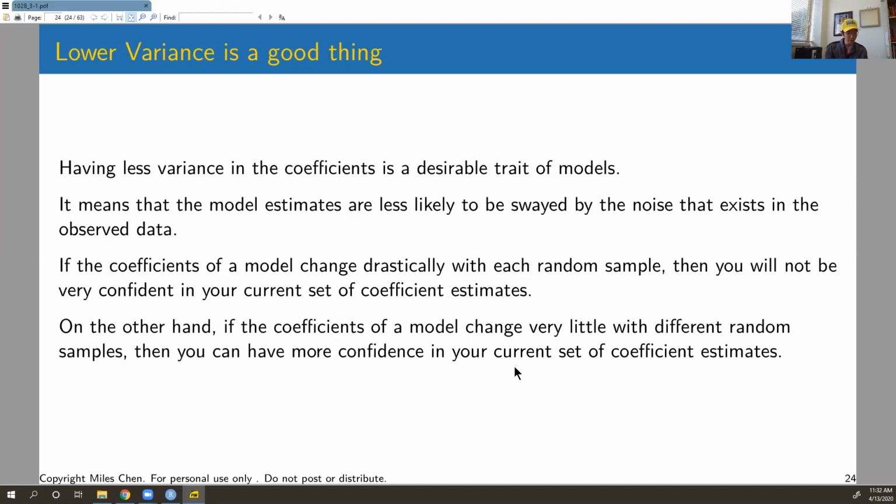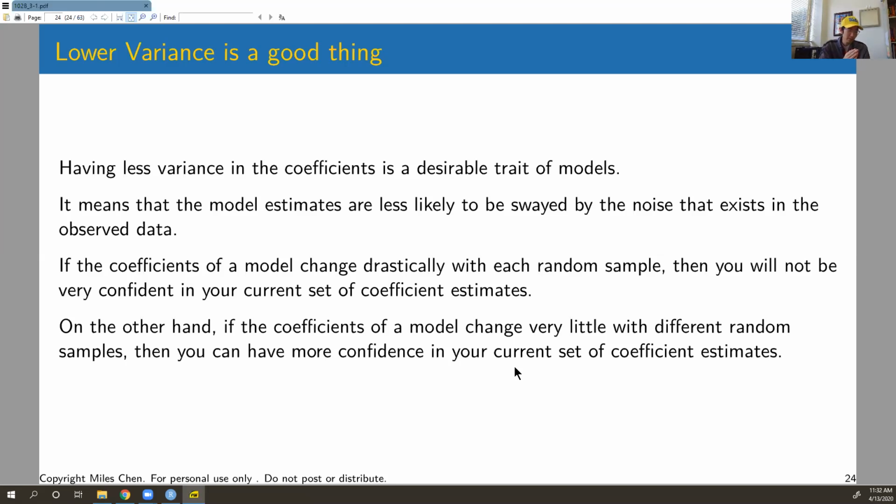And so why do I care about less variance? Less variance is a desirable trait of models, and what that means is that the model estimates we have are less likely to be swayed by the noise that exists in the observed data, right?